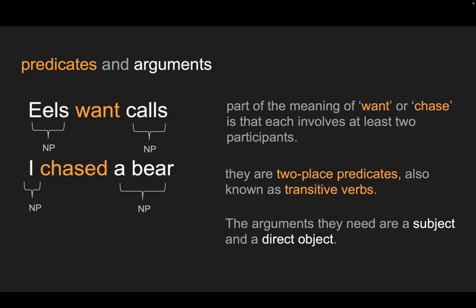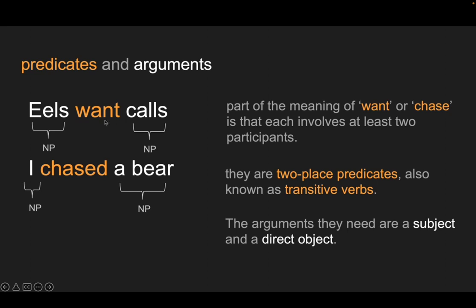I'm going to just say that in the predicates we've looked at in previous lessons, we had, remember, a sentence about eels wanting people to call them up. So we had the predicate want. And we also had the predicate chased.